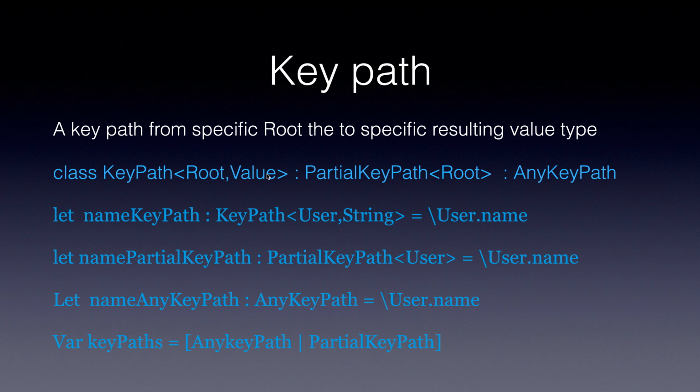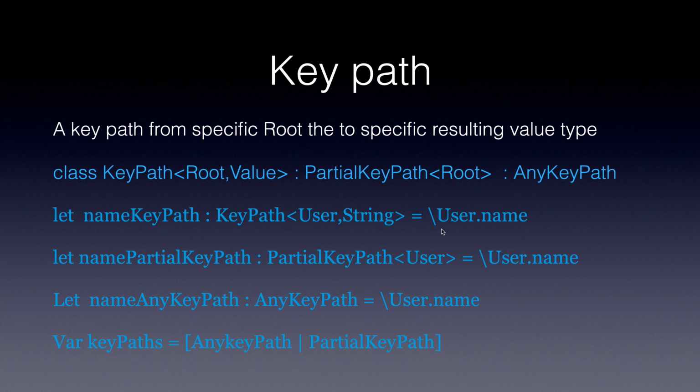The PartialKeyPath class is value type erased, and in turn it extends the AnyKeyPath superclass, where both root and value type are erased. The key path can be assigned to a variable, as it is a class instance type.